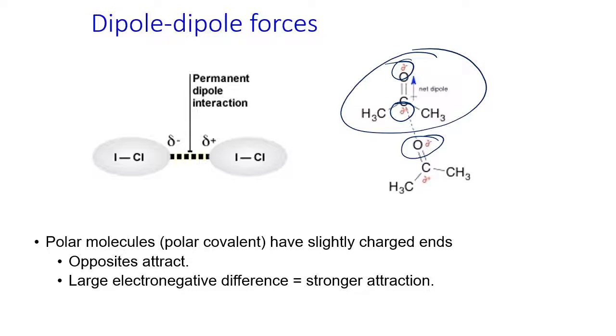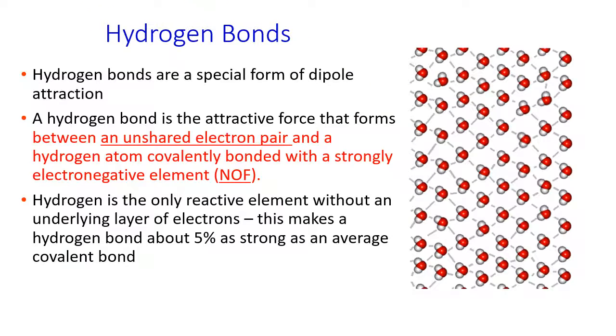The slightly negative end of oxygen of the acetone will be attracted to the slightly positive end of the dipole of acetone in the adjacent molecule, on the carbon. Okay, these opposites attract, and the larger the electronegative difference, the more the attraction between the molecules, which we will now look at as a special example, that being hydrogen bonds.